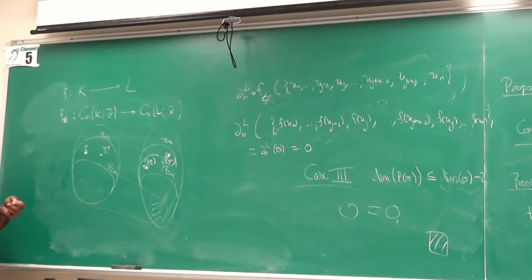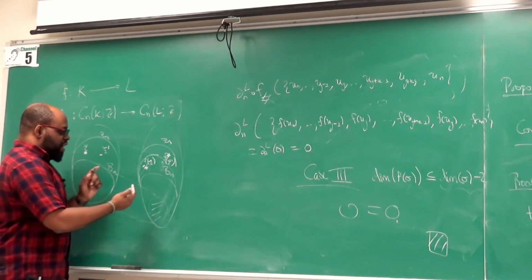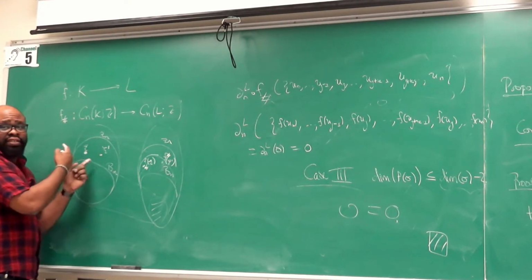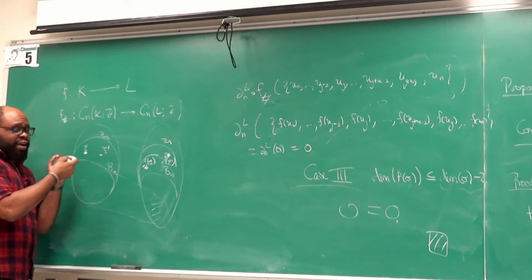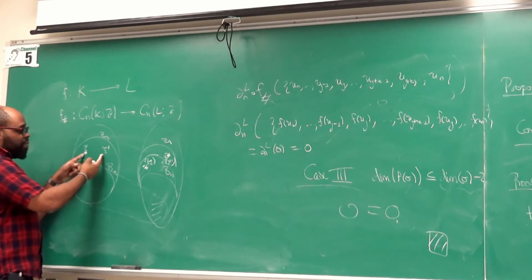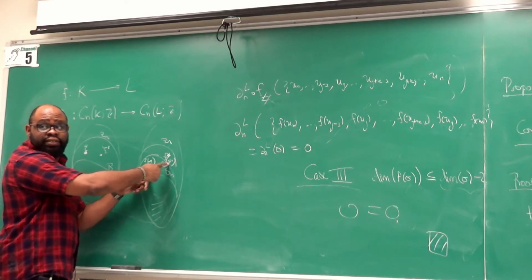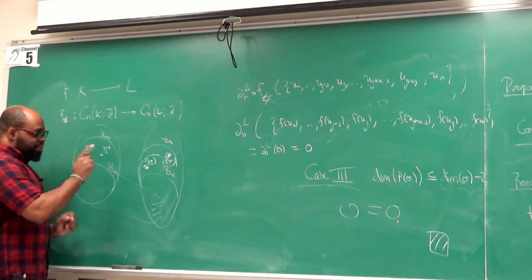Okay, so I can ask the question, how do the homology classes in here compare to the homology classes that they came from? In particular, if these two are homologous, is it true that these two are also homologous? So let me do that here.